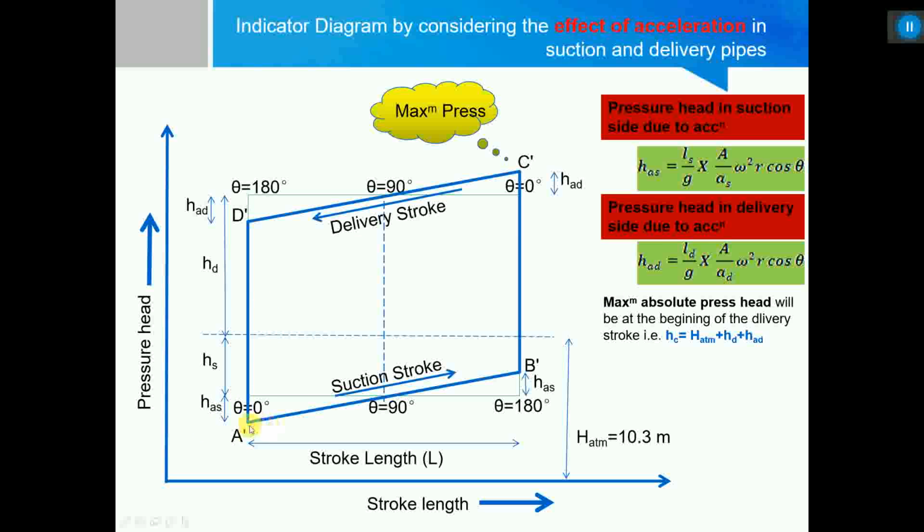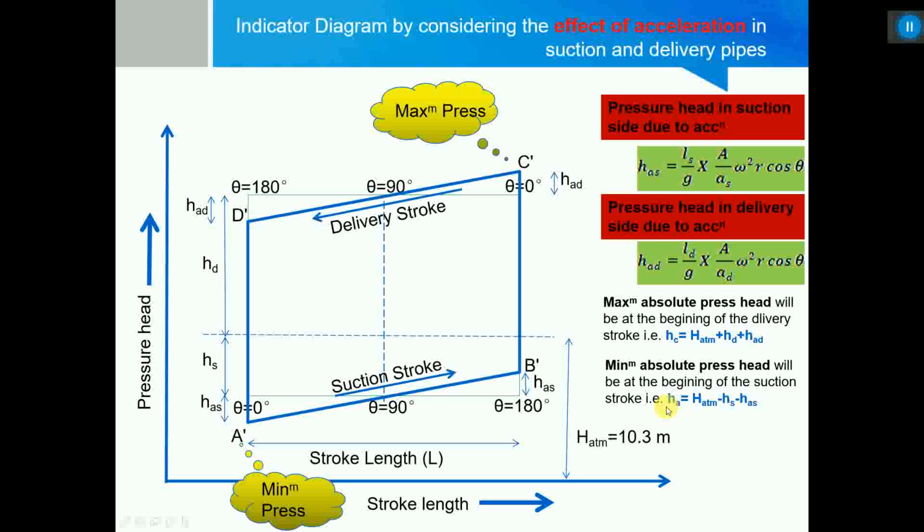Whereas the minimum absolute pressure will occur at the point A dash, and we can calculate its value as H atmospheric minus HS minus HAS. So this is the minimum absolute pressure. It also has significance because, as we know, evaporation of fluid starts when the pressure of the fluid goes below the vapor pressure of the liquid.